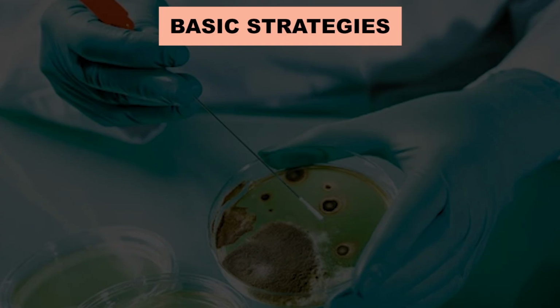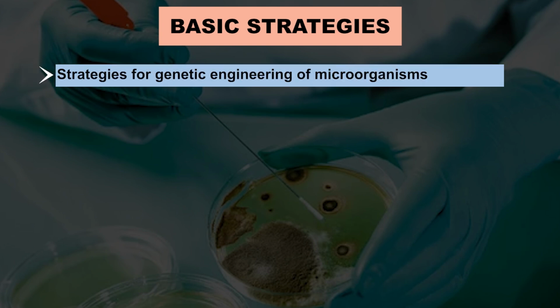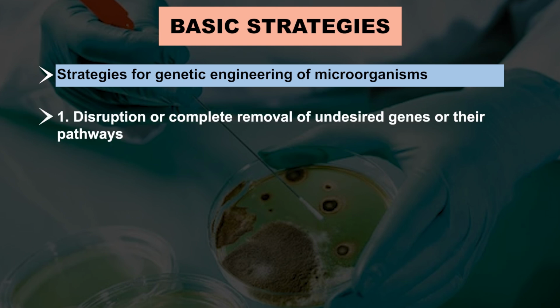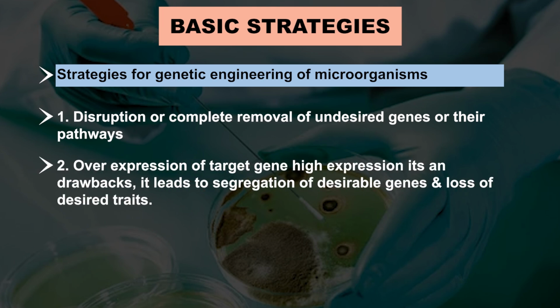Next are the basic strategies. Strategies for the genetic engineering of microorganisms are: first one is disruption or complete removal of undesired genes or their pathways. Second one is overexpression of the target gene.